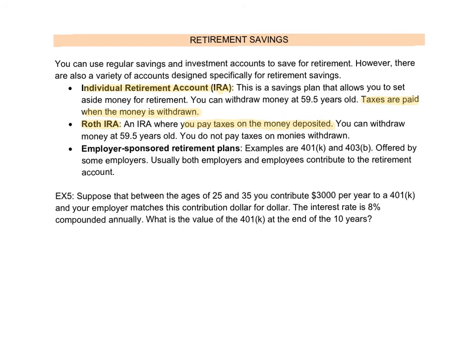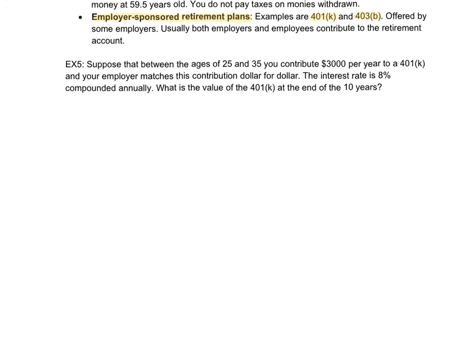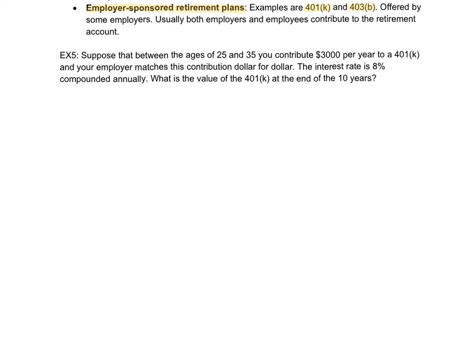Another common retirement fund would be the employer-sponsored retirement plan. So that would be like your 401k, 403b, and so on. So usually the employer and the employees both contribute money to those retirement plans. Our last example, example 5 from this section, would be looking at an IRA.